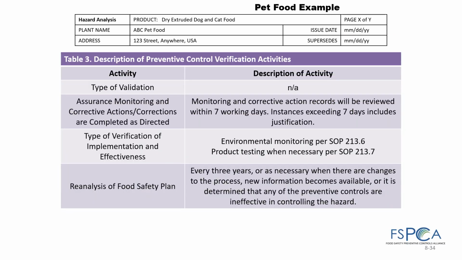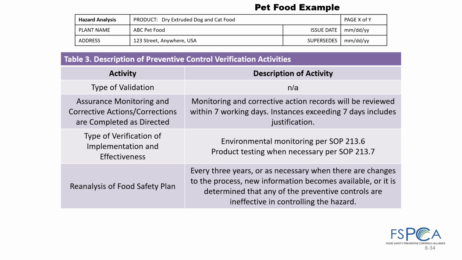Here are our descriptions of our verification activities. Again, this is table 3, and I'm going to bring back this idea of validation. On this table, we have type of validation, and it's listed as an NA. Well, the regulation tells me that sanitation preventive controls do not require validation, so I think that's fine.